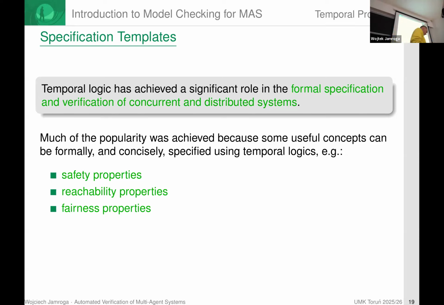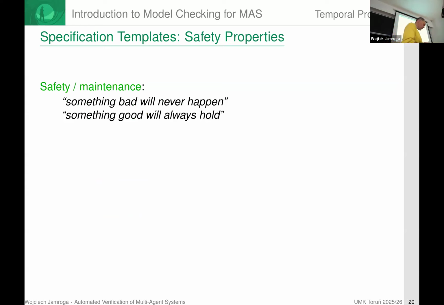And in particular, to be a bit more abstract, if we want to express safety properties or reachability properties or fairness properties, they correspond to very simple templates of temporal formulas.